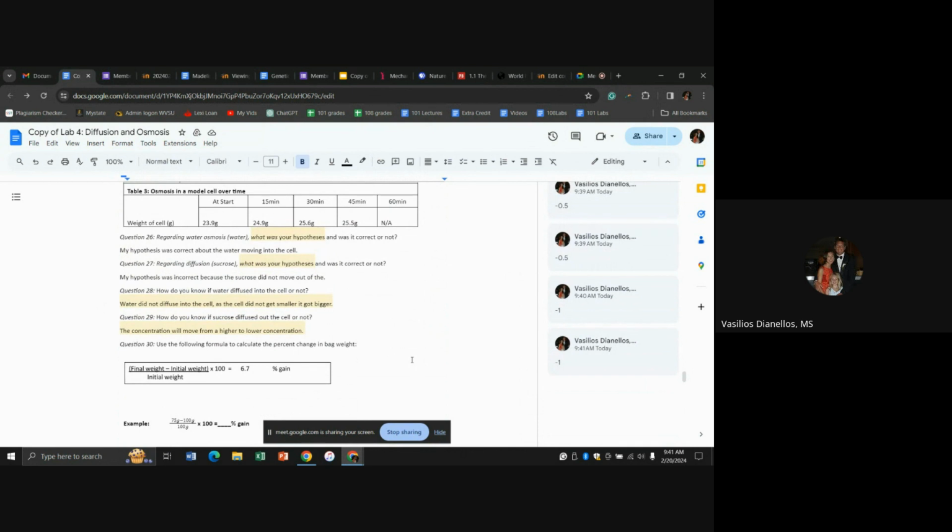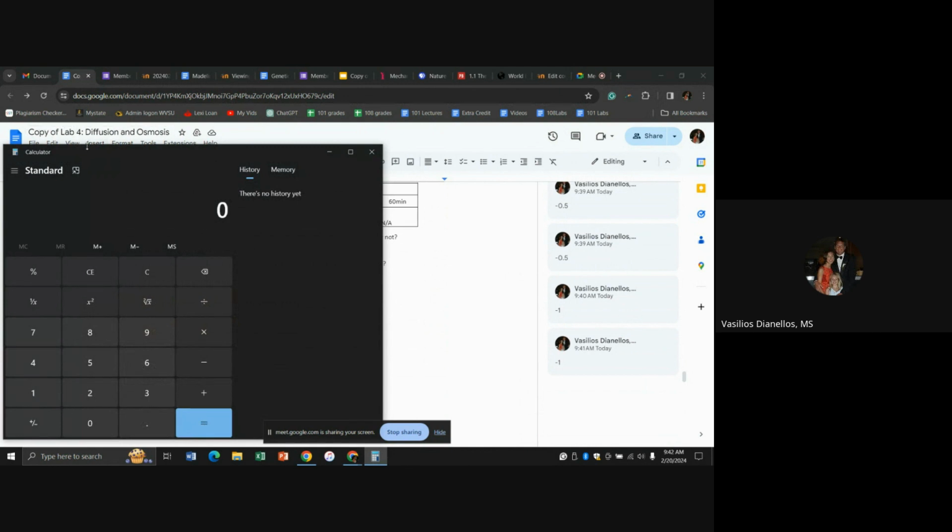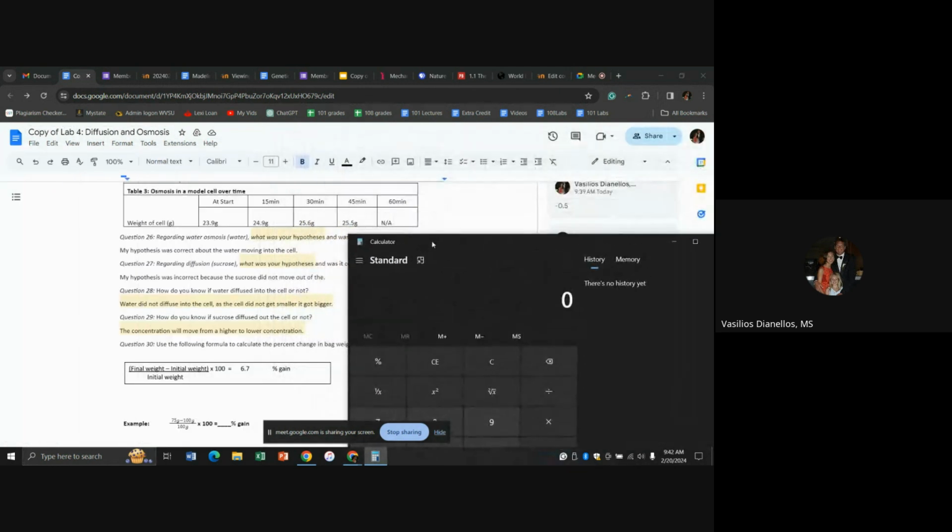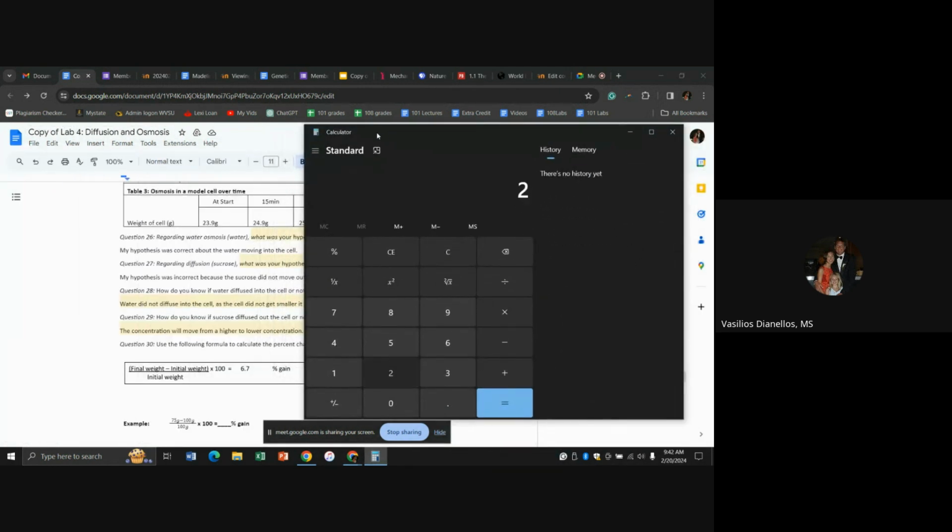So final minus initial divided by initial, right? So let's pull up the calculator. The last weight was 25.5. That's how much it ended, right? And minus the starting weight, which is 23.9, which means it gained 1.6 grams. I'm going to divide that by the original weight, which was 23.9 grams.